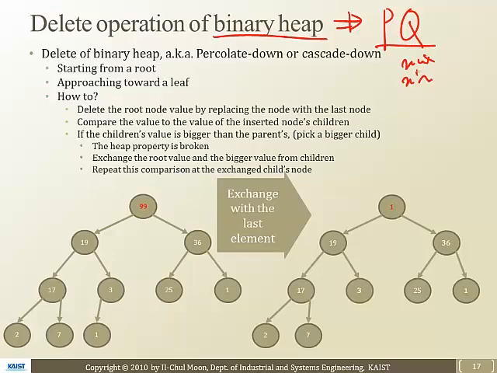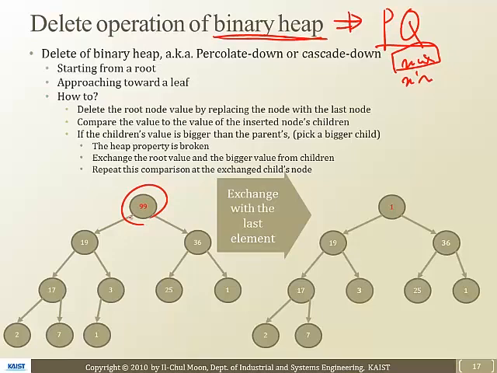And here we are going to treat the maximum value as the higher priority because we are utilizing the binary max heap. So the next element to get out of this priority queue is the 99 in this binary heap. So it's always going to take the root.